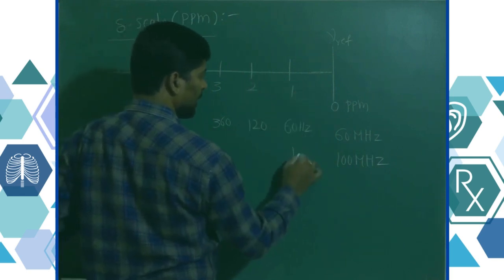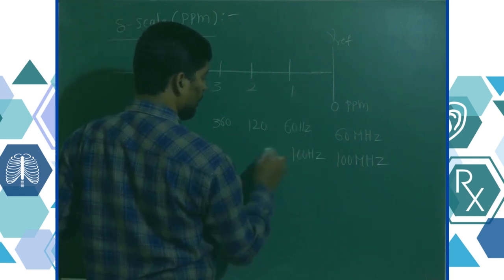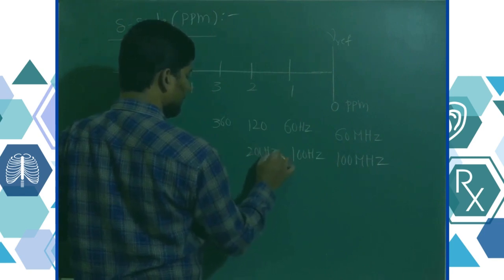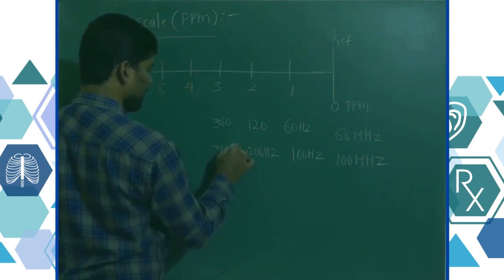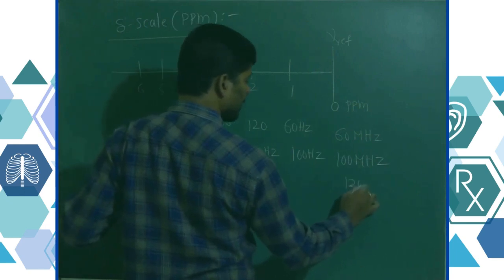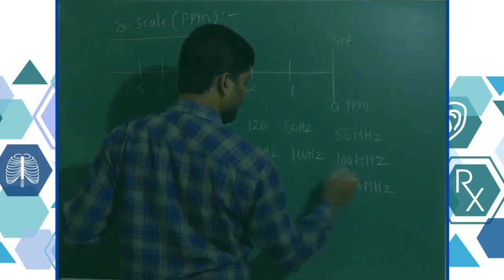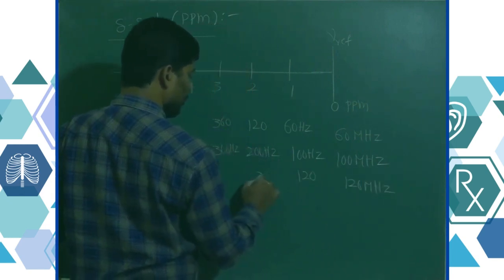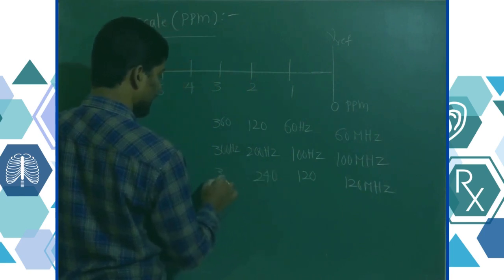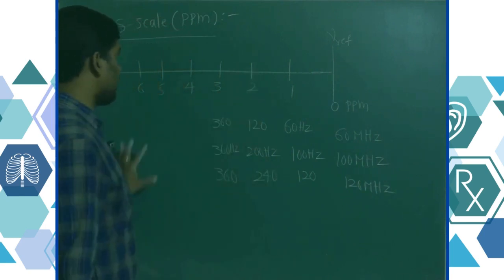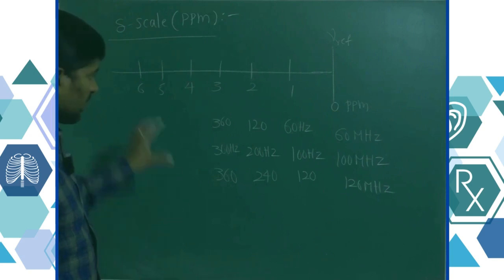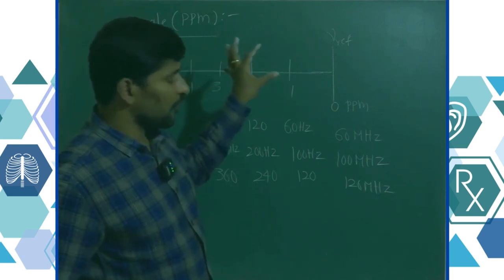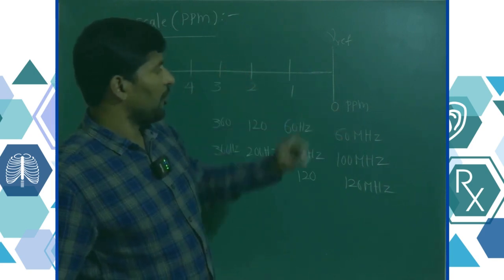So 1 ppm indicates 100 hertz, 2 ppm indicates 200 hertz, 3 ppm indicates 300 hertz. Similarly, on a 120 megahertz instrument, 1 ppm indicates 120 hertz, 2 ppm indicates 240 hertz, 3 ppm indicates 360 hertz, like this.